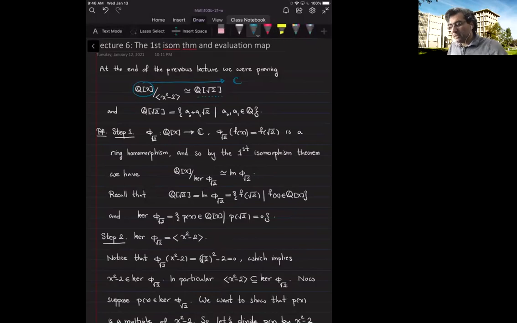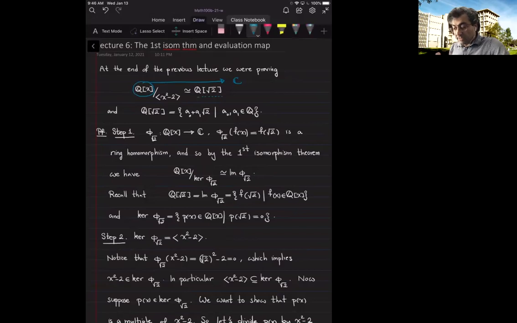In this case, we already know that the image, which is Q square bracket root 2, is nothing but the evaluation map, evaluation at the number root 2. So we start with the evaluation map from the ring of polynomials with coefficients inside Q to complex numbers.